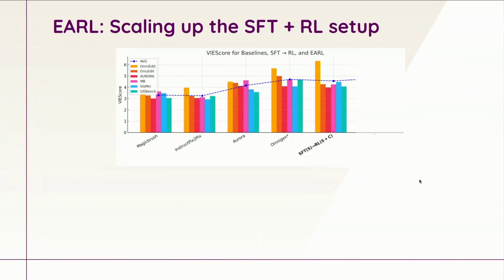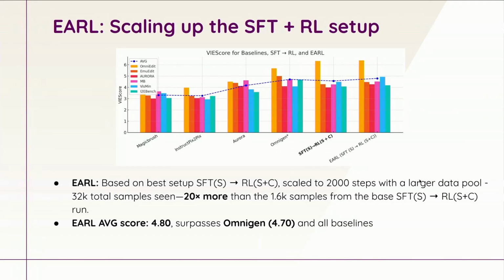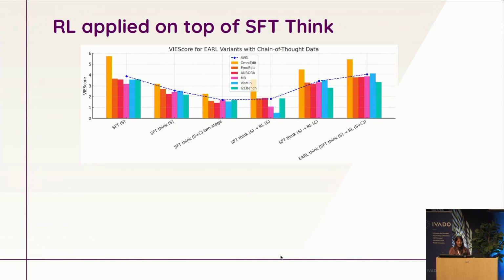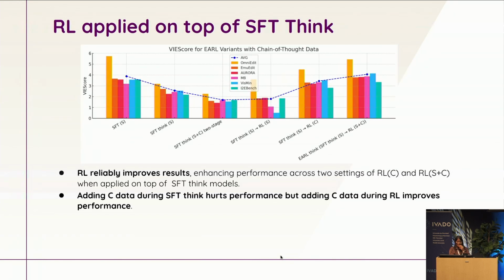And finally, we did scaling up of this a bit, training on more examples. And when we did that, we were able to surpass the best model at that time, which was the OmniGen model. And yeah, you can apply RL on top of SFT, on top of the thinking model as well.